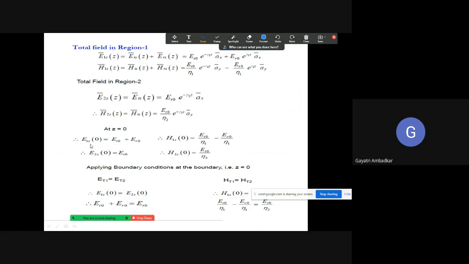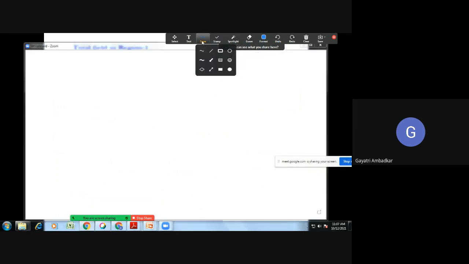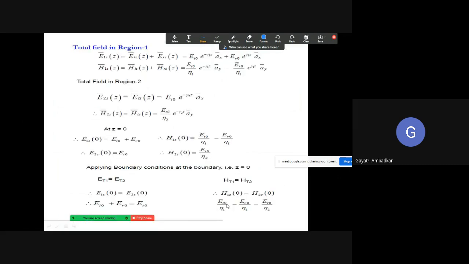This is your E10. Similarly, this is the incident and reflected part in terms of E for H1. Now you can solve the two simultaneous equations. We will consider the second equation, in terms of H.